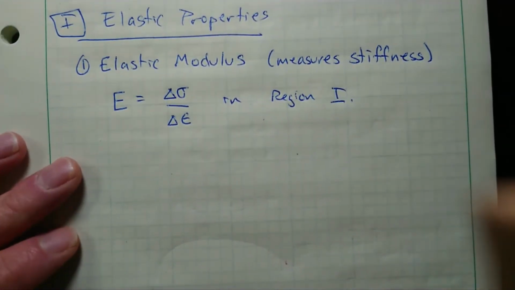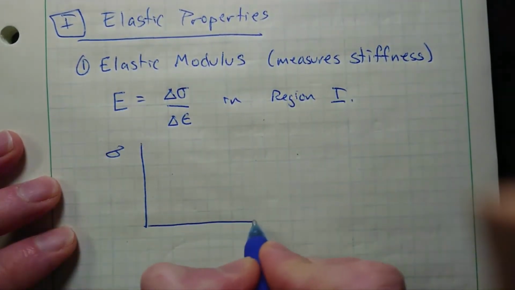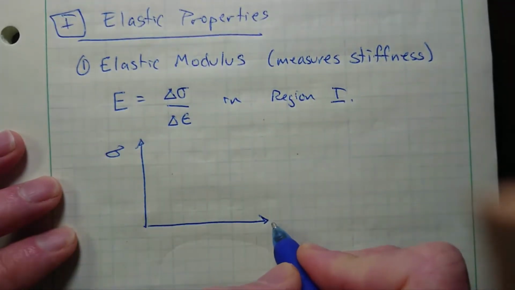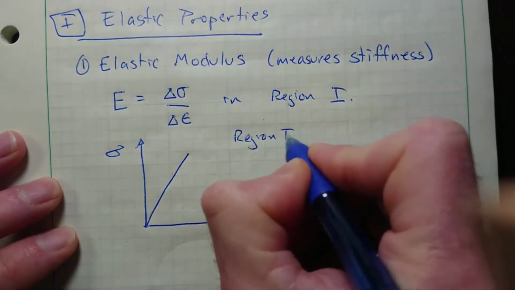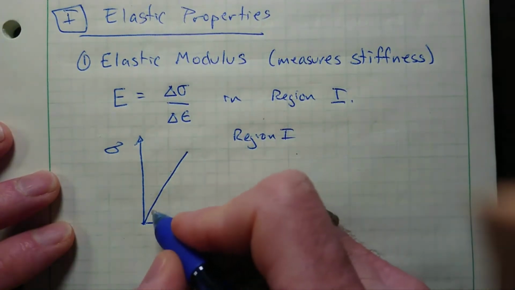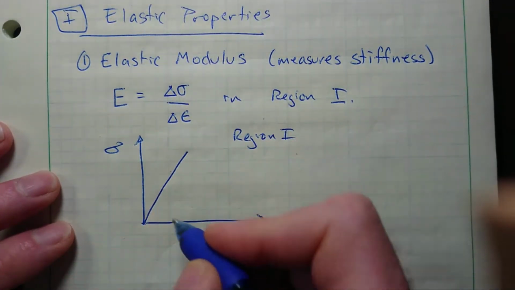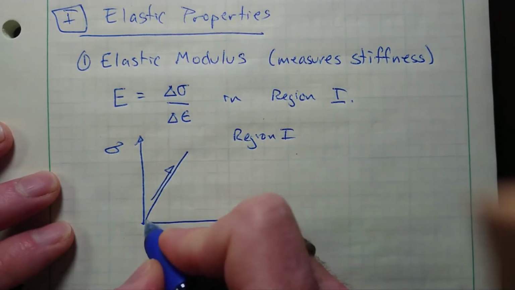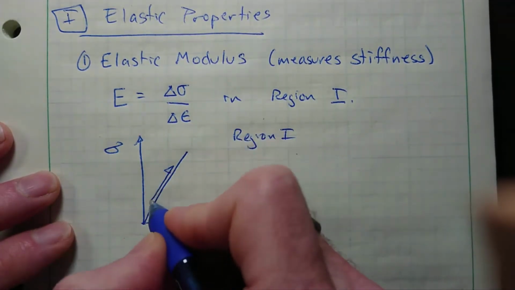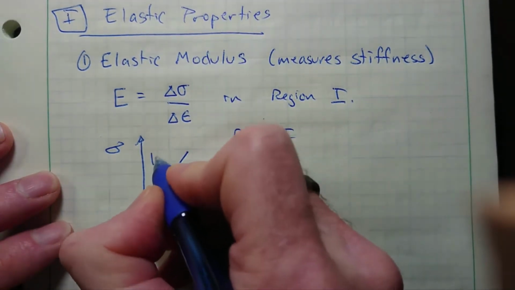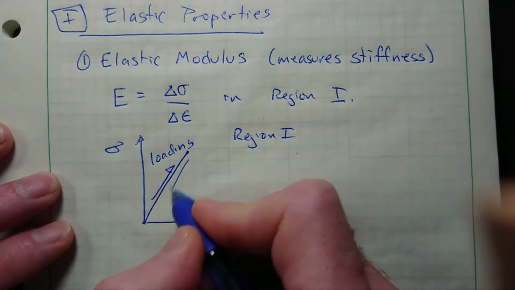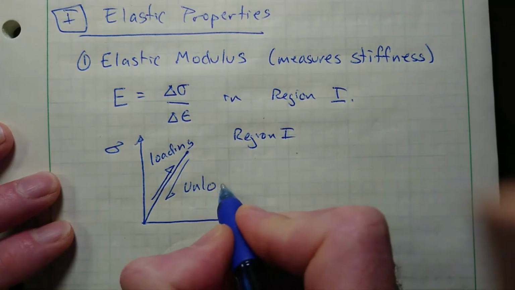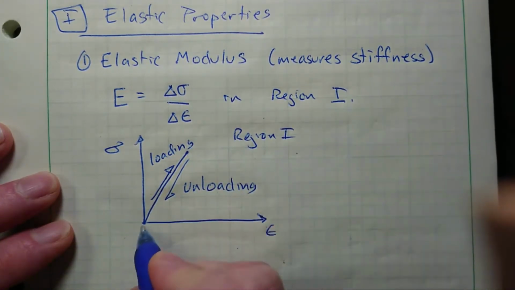Now, the reason it's called elastic is because in this first region, if we were to graph stress and strain, for most metals it's linear, but it's elastic in that the stress-strain response increases during loading, but if I stop and then unload the sample, the deformation is recovered when I remove the load completely.